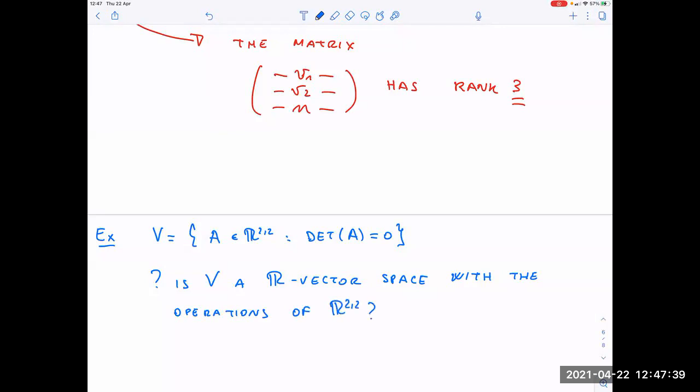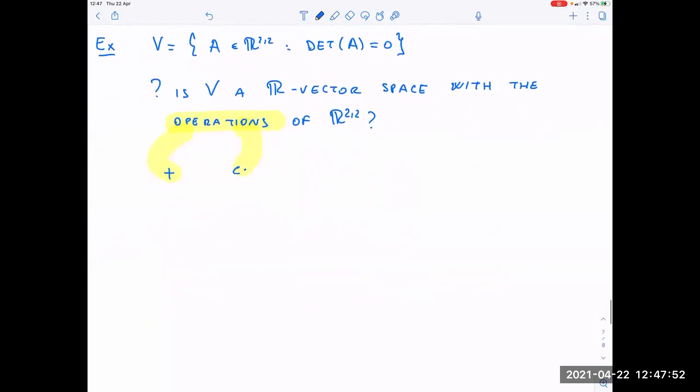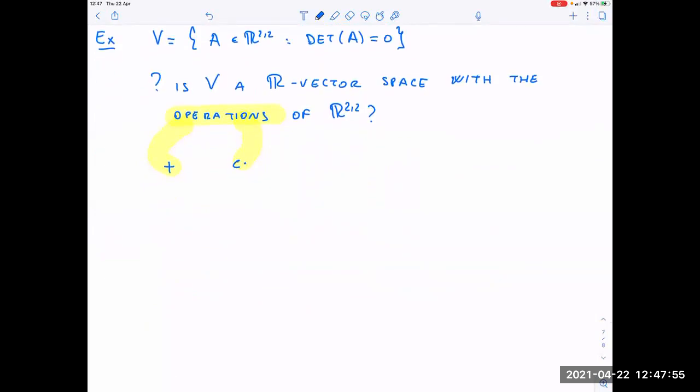Okay, so basically the operations of R^{2x2} are the sum and multiplication by a scalar of matrices, right? So the usual operations. And we want to know if V is a vector space over R or not.